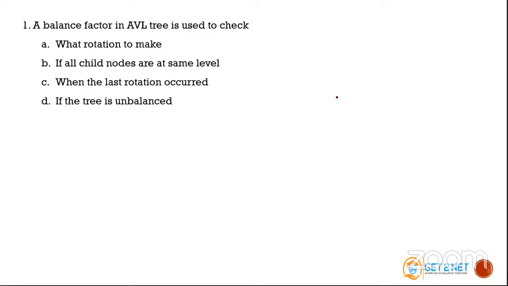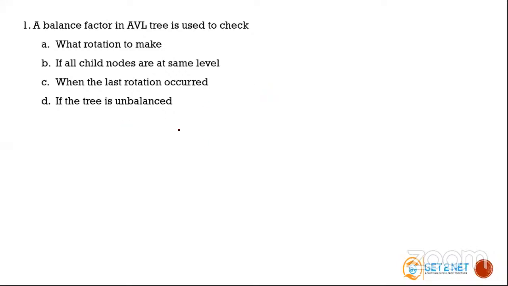A balance factor in AVL tree is used to check what? It's very easy, guys. It will not take so much time. Yeah, Himani, Shwetalina, Swati, okay, Priyanka. Soumya, give me your answer. Okay, thank you, Soumya.